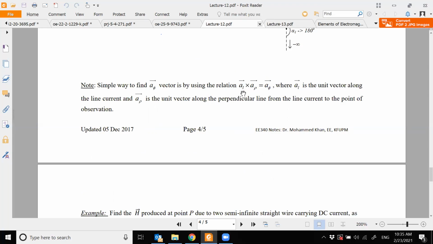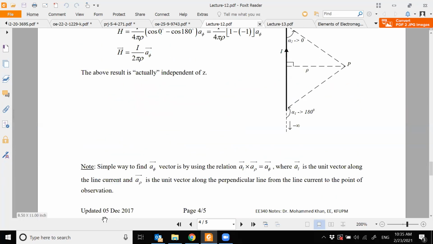What is a L? a L is the unit vector along the line current, and a rho is the unit vector along the perpendicular line from the line current to the point of observation. It's not necessary that your magnetic field will always be in the a phi direction.